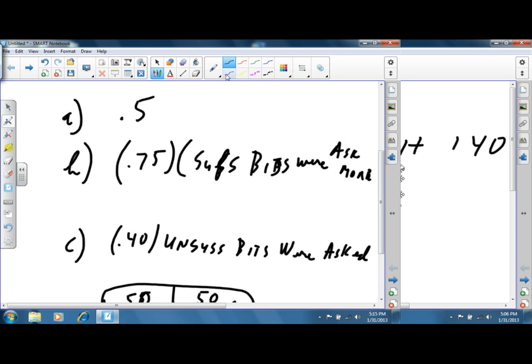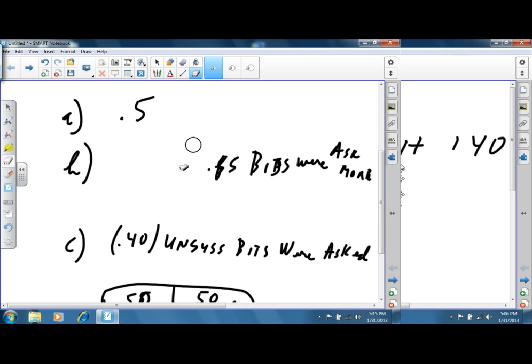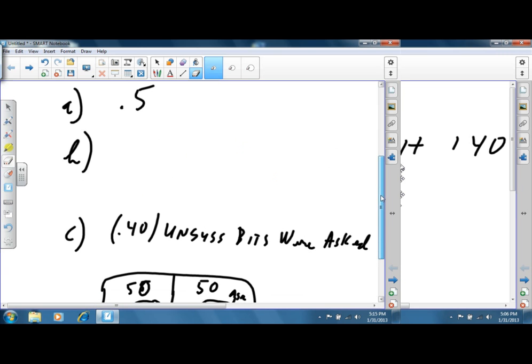Okay. So now we come back up to these two lines. What is the conditional probability of a request for additional information given that the bid will ultimately be successful? I know it's going to be successful.